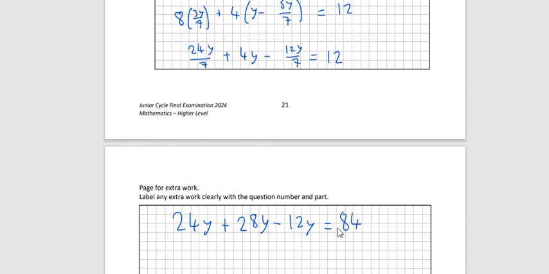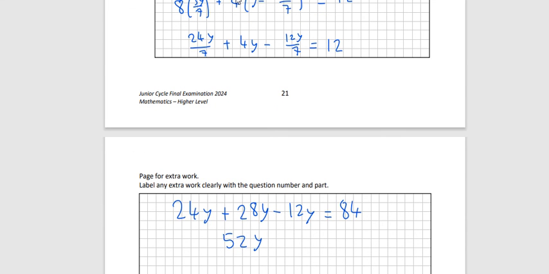Multiplying everything across there by 7 each term. Right, 24 plus 28 is 52y. And then it's minus 12y is equal to 84.